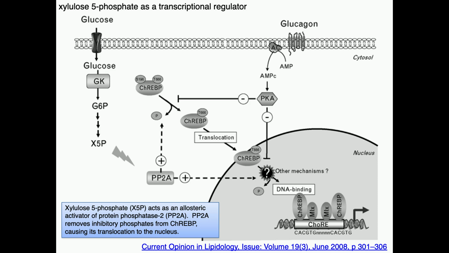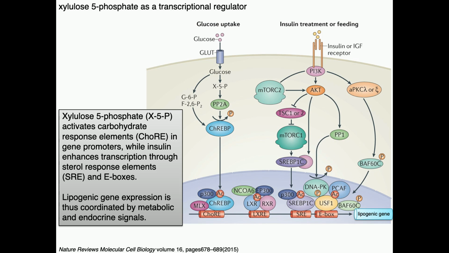This is a simpler view, and I added this in just to note that high carbohydrates, that's also going to be a high insulin situation, right? So you've got the carbohydrate response element binding protein that enters into one part of the promoter for these genes.